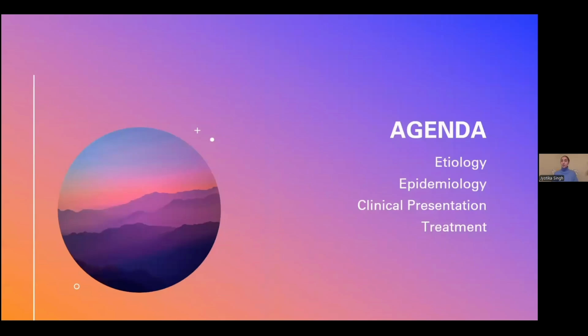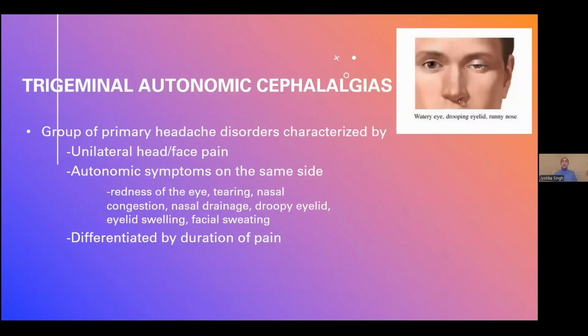So today we'll be talking first about the etiology of these disorders, the epidemiology, the clinical presentation, and the treatment. These two headache disorders fall under a group called the trigeminal autonomic cephalalgias.